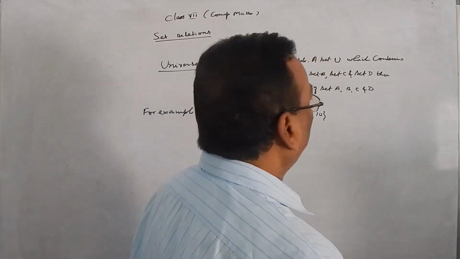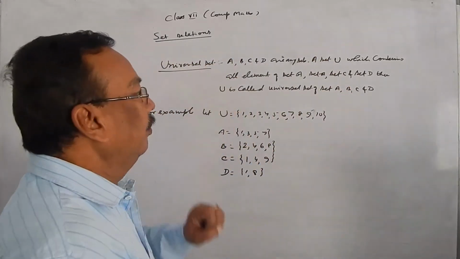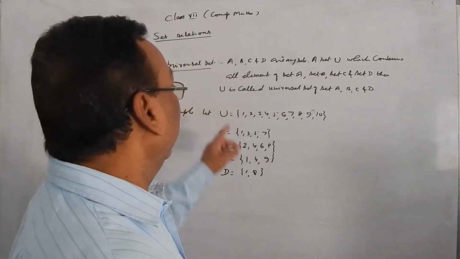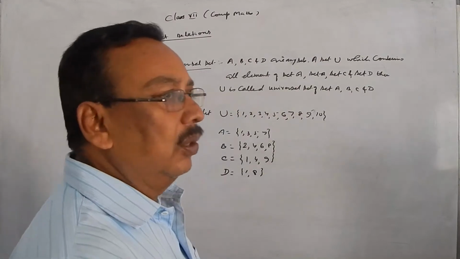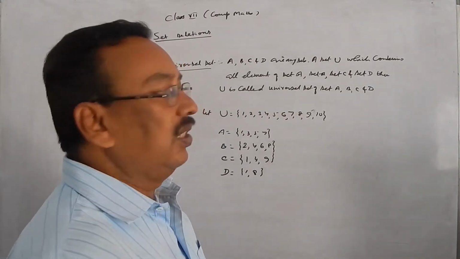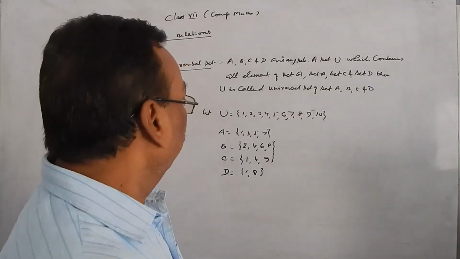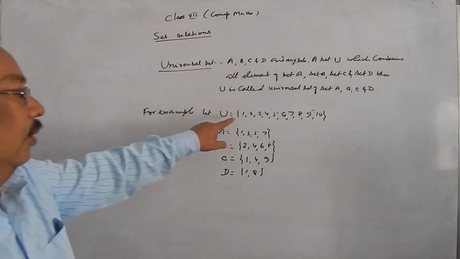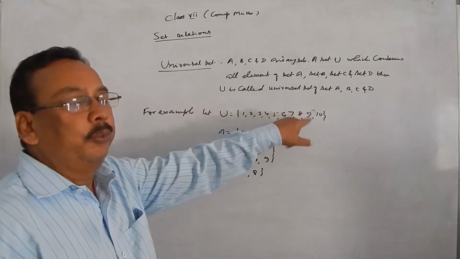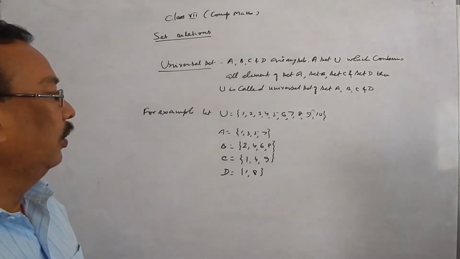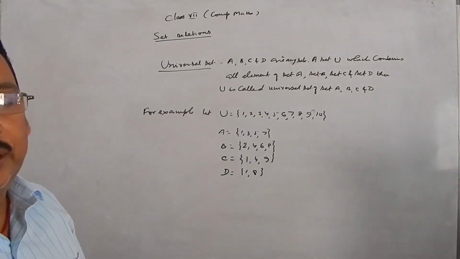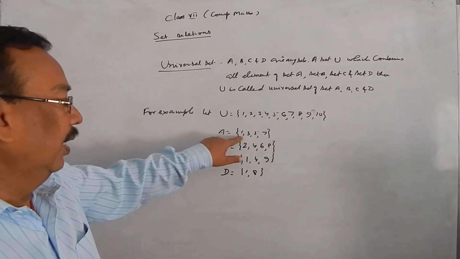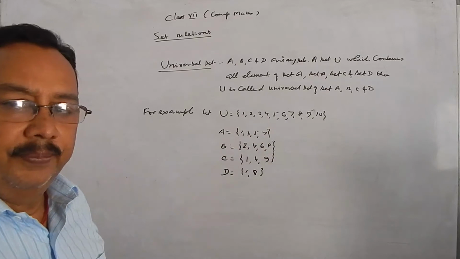A set U which contains all elements of set A, set B, set C, and set D is called the universal set of A, B, C, and D. For example, we take U as natural numbers up to 10: 1, 2, 3, 4, 5, 6, 7, 8, 9, 10. A is 1, 3, 5, 7.